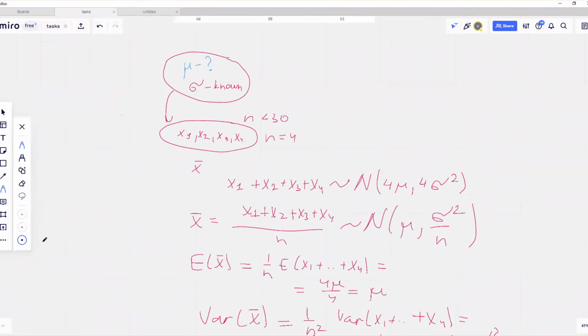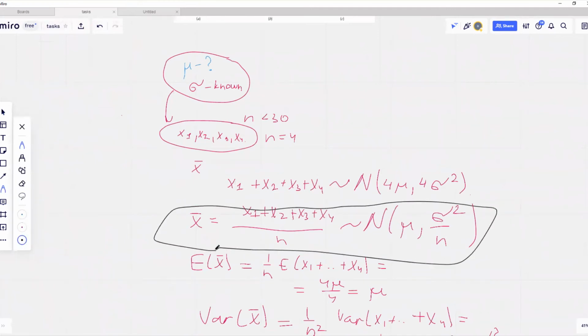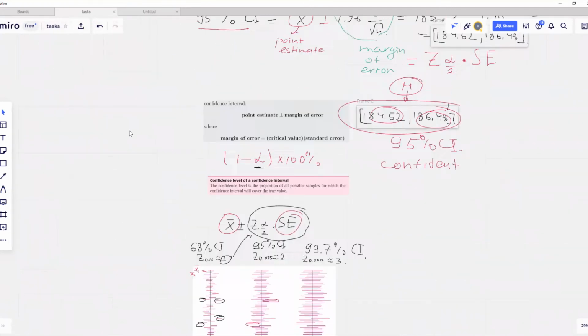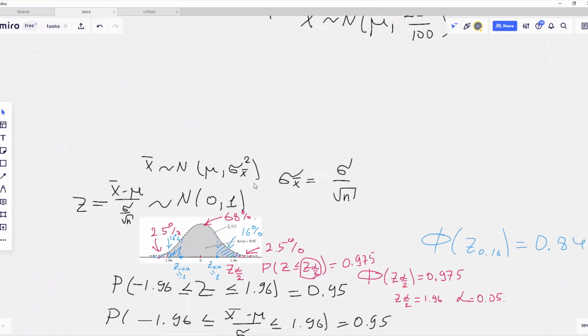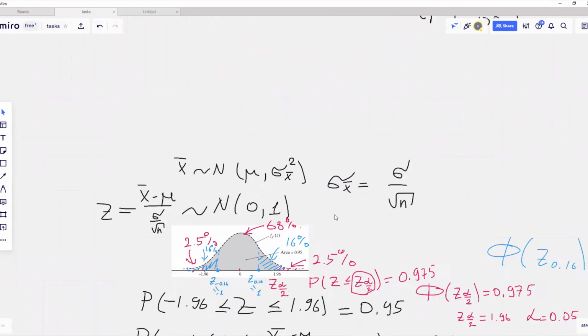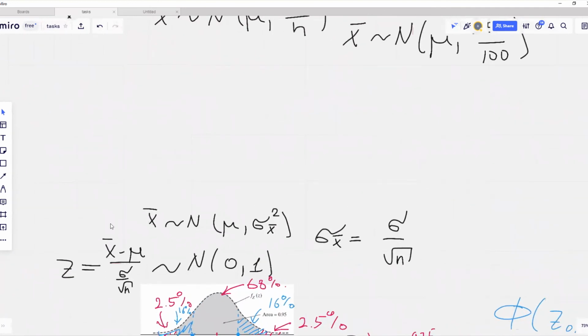So this is the same case as if we were to use the central limit theorem. You can see that here our X bar also follows a normal distribution with mean mu and variance of sigma squared over n.